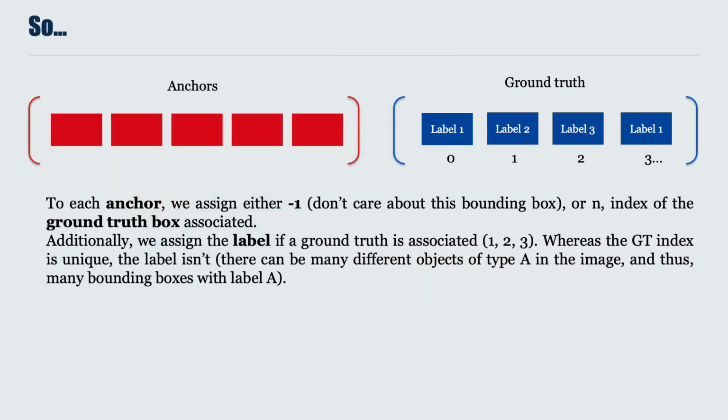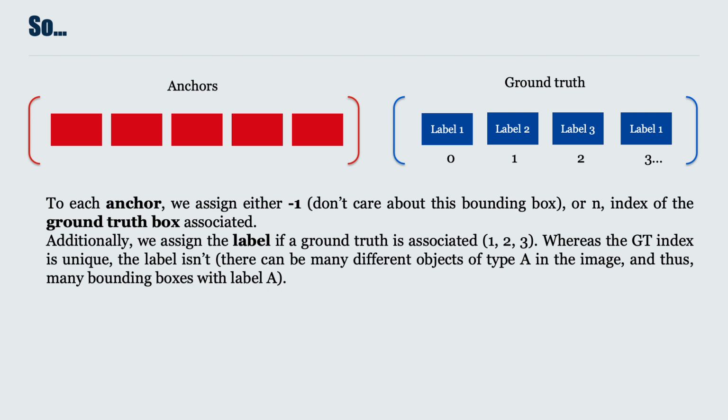So overall, what happens is that for each anchor that we have proposed, we assign -1 if actually it's a negative proposal and we know it because it doesn't match with anything. Or we assign n, which is the index of the associated ground truth.